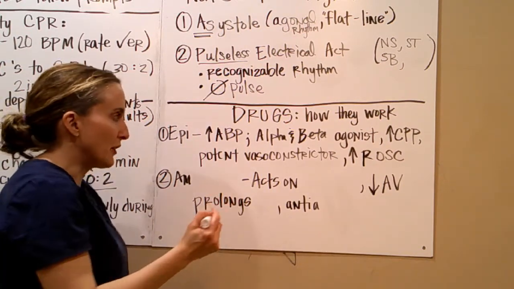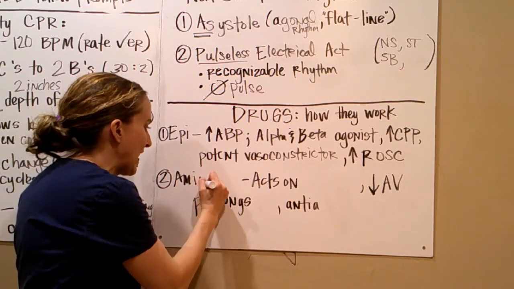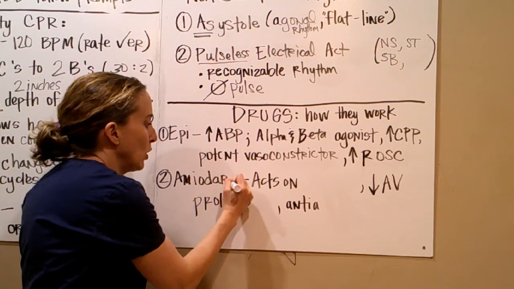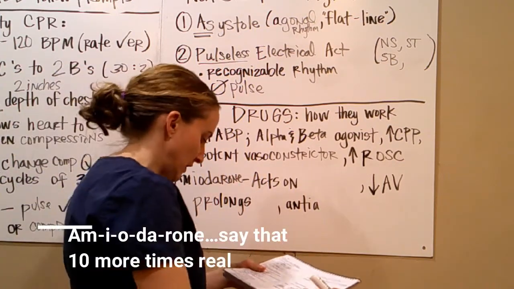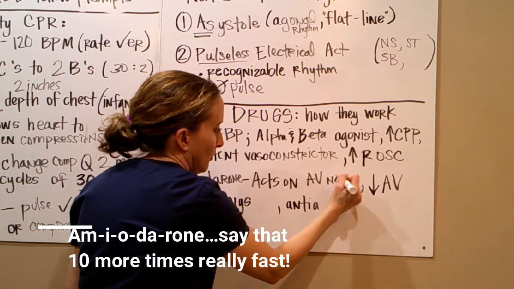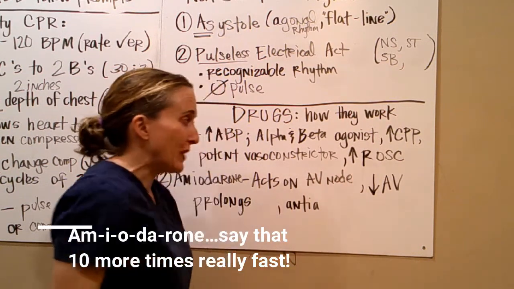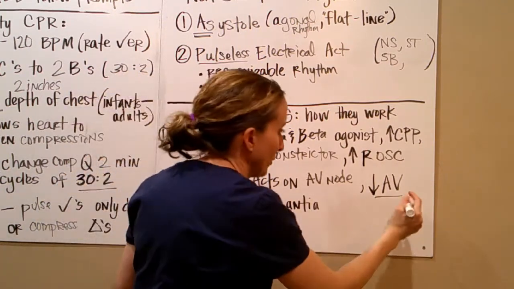Now, the second drug that we give in pulseless cardiac arrest is amiodarone, okay? It acts on the AV node, so it decreases our AV node conduction rate.